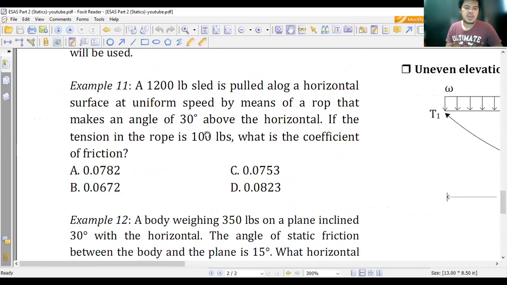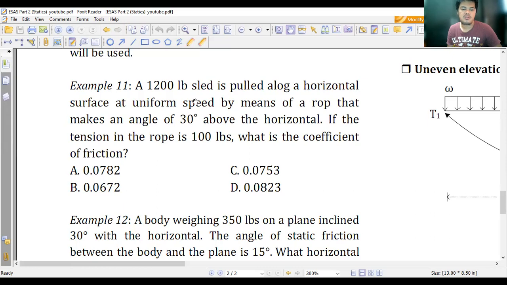So we have problem example number 11. You have there a 1,200-pound sled that is pulled along a horizontal surface at a uniform speed by means of a rope that makes an angle of 30 degrees above the horizontal. If the tension in the rope is 100 pounds, what is the coefficient of friction?